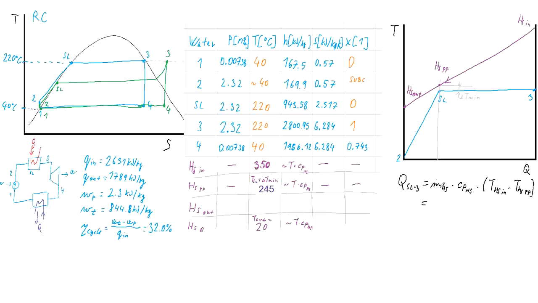So it will be 1 times 1.005 times 350 minus 255, and this will be 105.5 kilowatts.